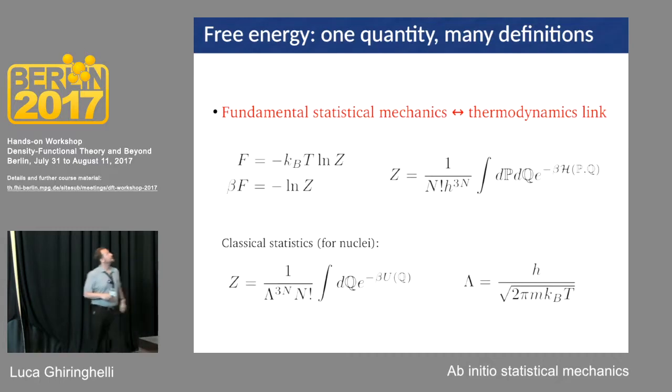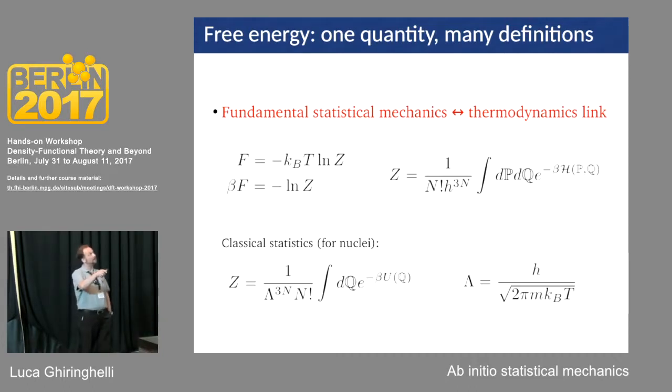Okay, so there are many definitions of free energy, and this is not just to remind basic courses, but because normally from each different definition or each different interpretation of free energy, there is a method that is connected to this definition in order to evaluate it. So of course you have the fundamental link between statistical mechanics and thermodynamics. Free energy is minus kT logarithm of the partition function, where the partition function is this integral here.